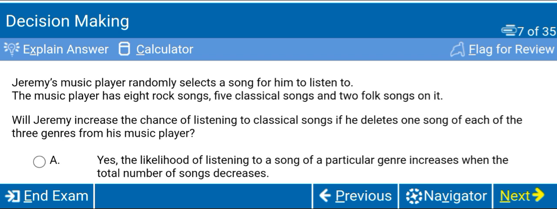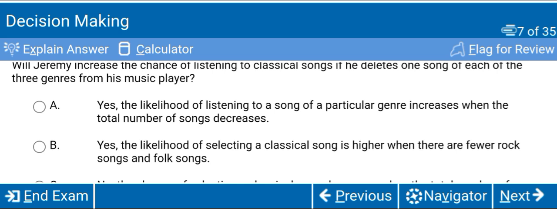Will Jeremy increase the chance of listening to classical songs if he deletes one song of each of the 3 genres from his musical playlist?